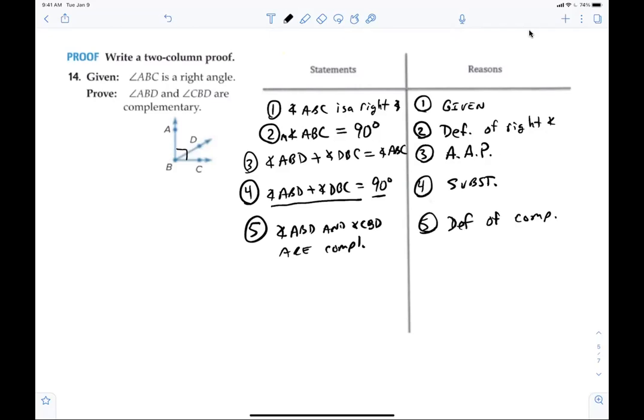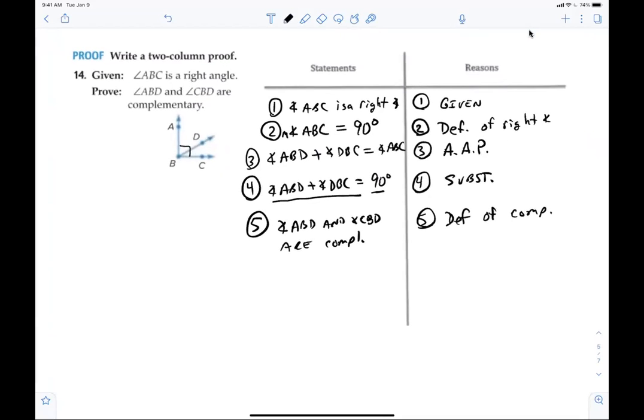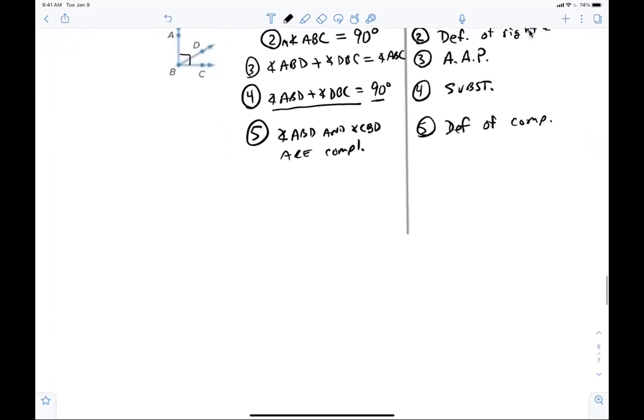Yeah, that's not too bad. Two angles that add up to 90 degrees are complementary. All right, hopefully you're feeling a little better. Let's scroll down, see if there's something else.